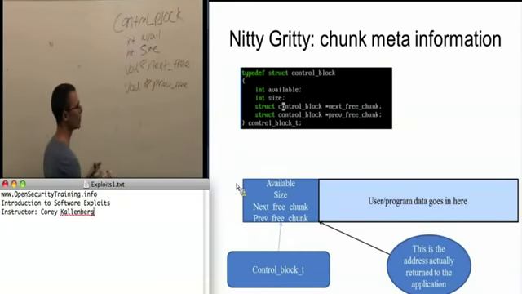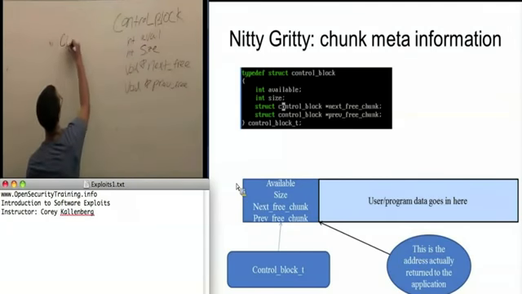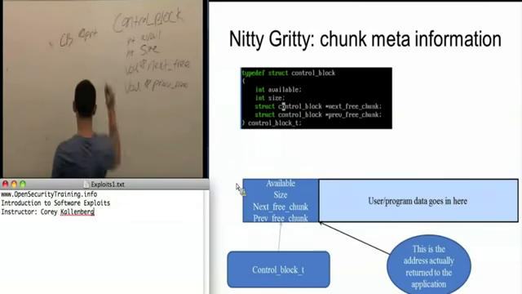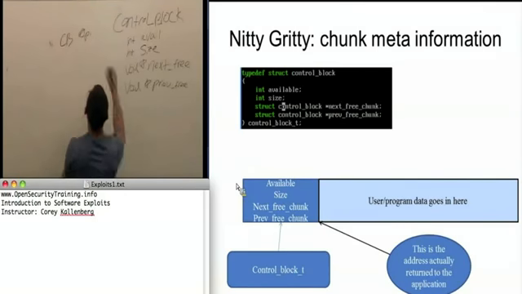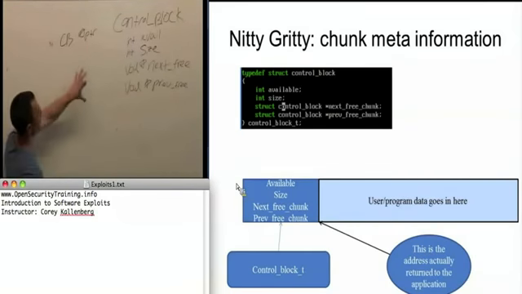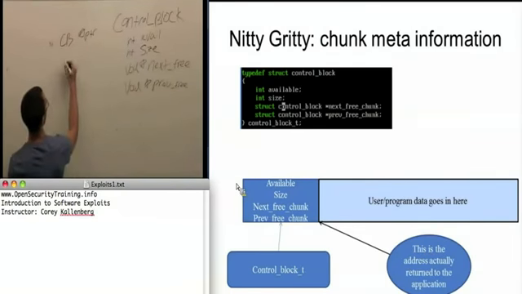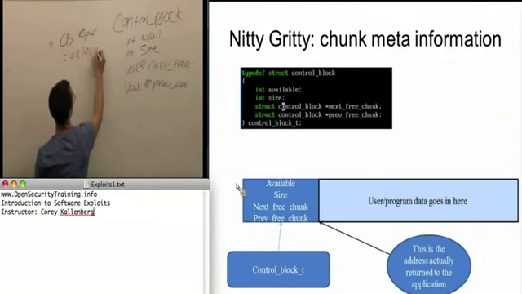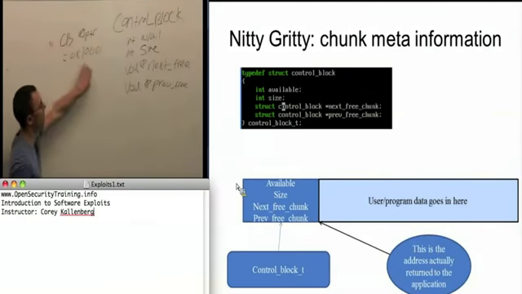Okay. So this is our control block structure. Let's assume we have a control block pointer. So I'm just going to say CB, control block pointer, and let's say our pointer is pointing at a control block located at address 0x1000. This is just the address in memory of where the control block is located.